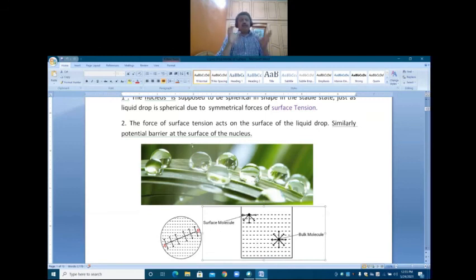Similarly, because of the positively charged protons, a potential barrier is created on the surface of the nucleus, which makes the nucleus spherical in shape, and it is responsible for the stable spherical shape of the nucleus, similar to forces of surface tension on the surface of a liquid.